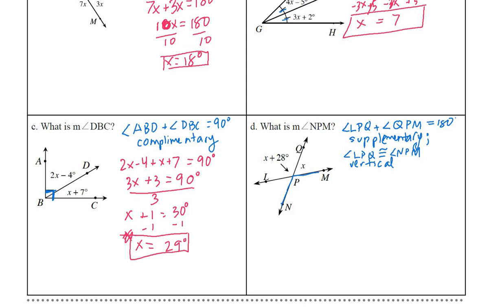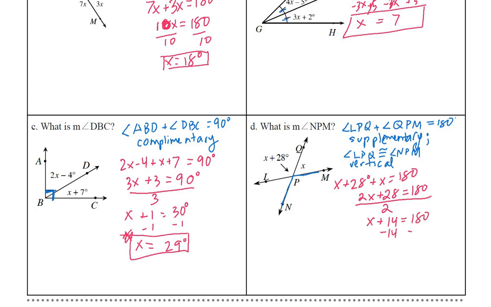Okay, this I think will take a couple more steps. So first I'll use the supplementary relationship. I have x plus 28 degrees plus x equals 180. Combining like terms, I have 2x plus 28 equals 180. I divide everything by 2, getting me x plus 14 equals 180.